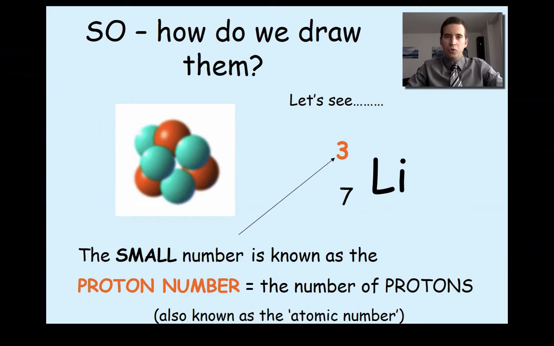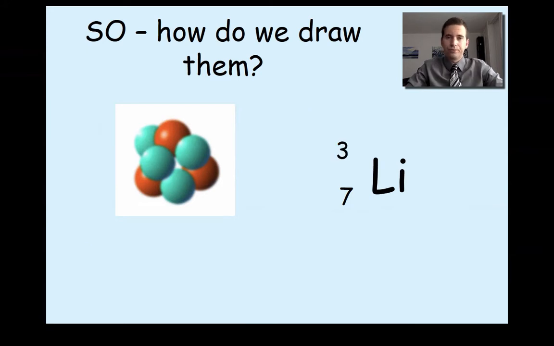Now, this number on the periodic table is known as the proton number or the atomic number. It's the same thing, it just has two different names. This tells us the number of protons. Now, which element the atom is determined by the number of protons. Okay? And the periodic table is ordered in terms of atomic number.